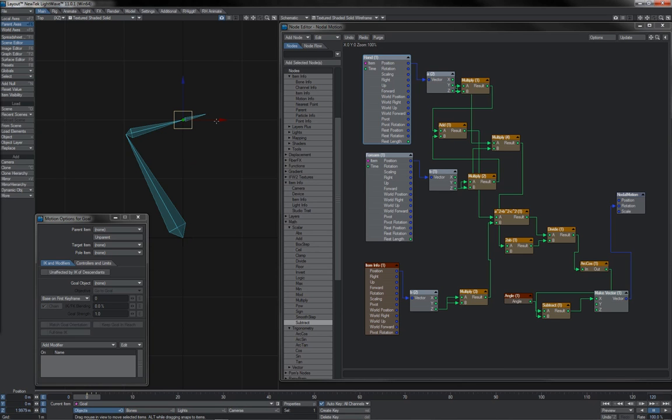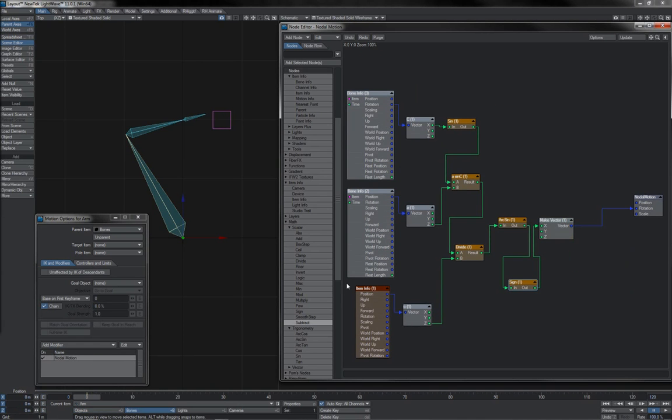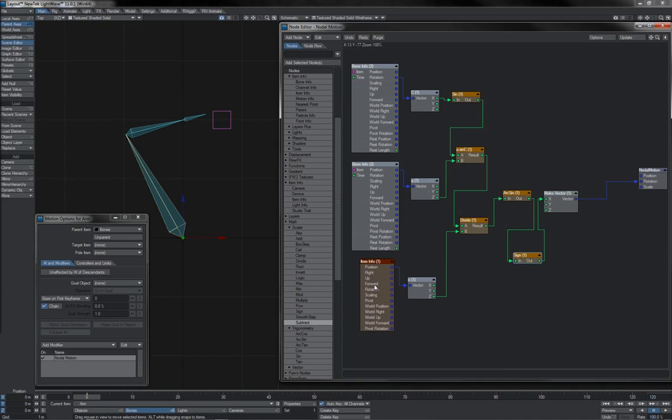So let's take a look at the X position of this goal null. Basically, whenever this moves somewhere on X, you can draw an angle between it and the root of the chain, the shoulder. Obviously all that needs to happen is that angle needs to be added on to the one that it's already turning. Go into the node motion for the upper arm here. Of course we've got the goal item info there.